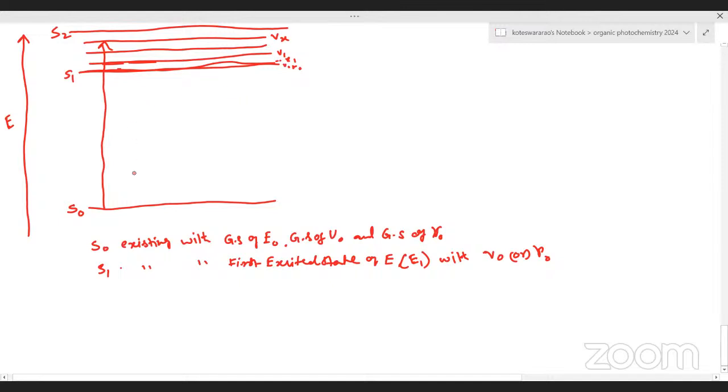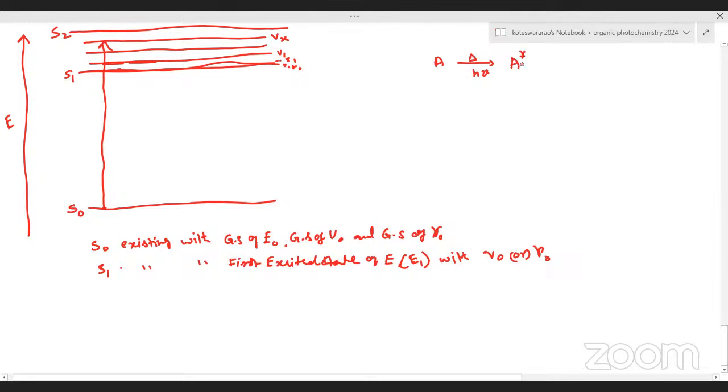Now this excitation of the molecule from S0 to S1 of some Vx level is the electronic excitation, or simply called absorption of radiation, and then it gets excited. Suppose the molecule A is irradiated with some energy, then it gets excited.